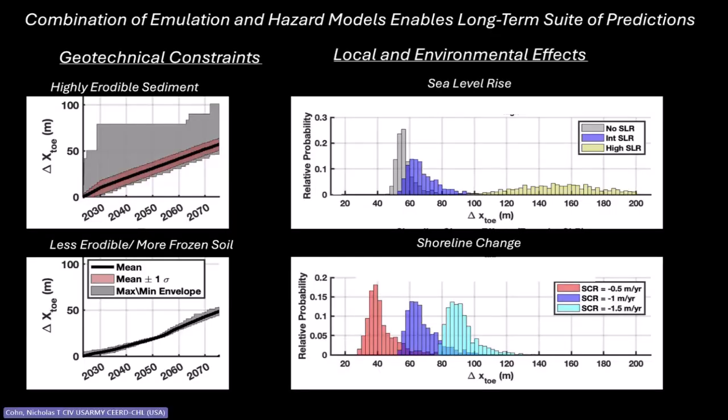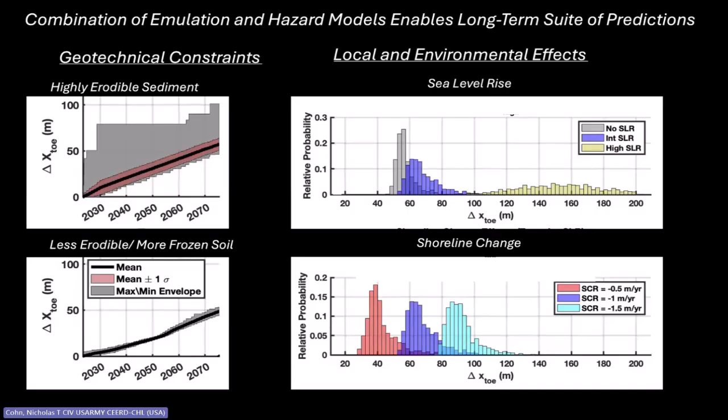Other things we can start doing in this model framework, in part because we're able to do this really efficiently, is think about the relative roles of things like sea level changes and shoreline changes. And so what we see here is that if we have a small amount of sea level rise, we start increasing our erosion modestly of the tundra system as you have more collision.